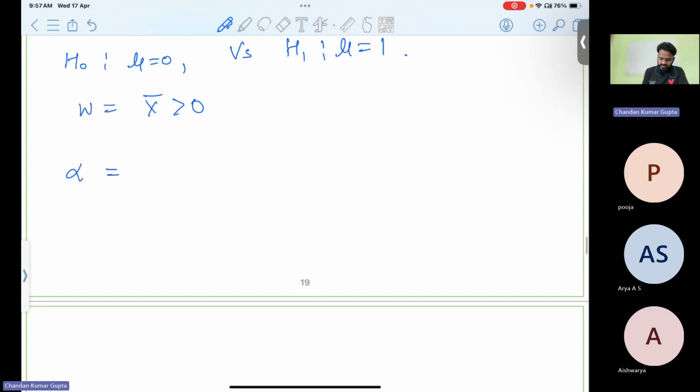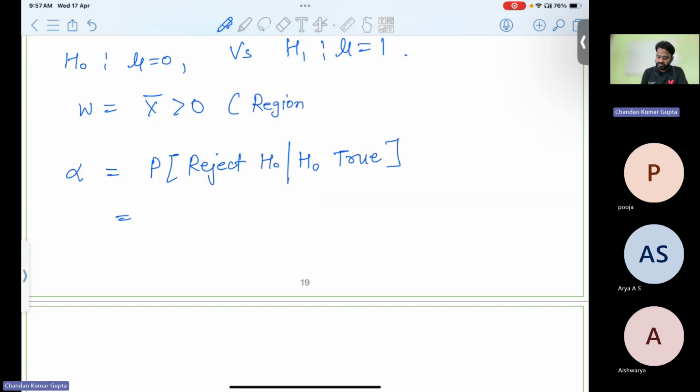So alpha will be the probability of reject H naught when H naught is true. This is the definition of alpha. H naught is rejected when it lies in the critical region or region of rejection.